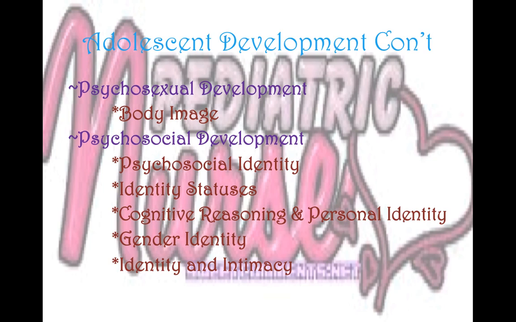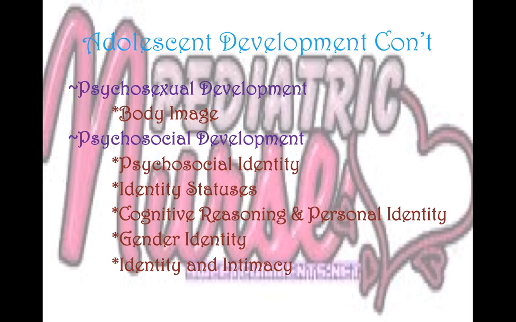As adolescents initially begin to think in increasingly complex ways, they begin to demonstrate increased levels of differentiation in how they define themselves. When we look at gender identity, this refers to the way that we think of ourselves as either female or male, in combination of biological makeup, personal and social expectations, and recommendations about how males and females should think and behave.